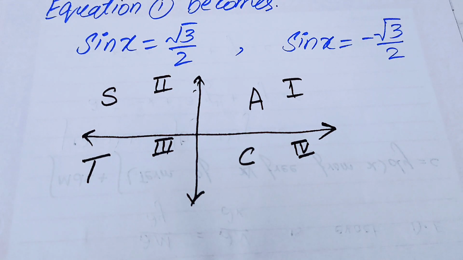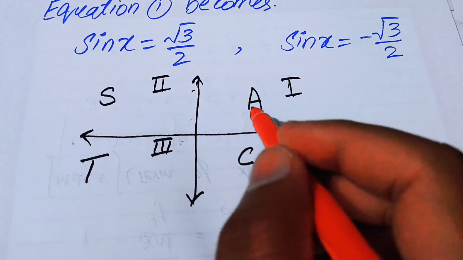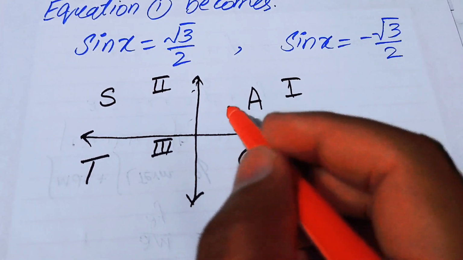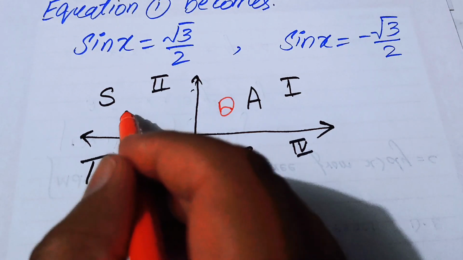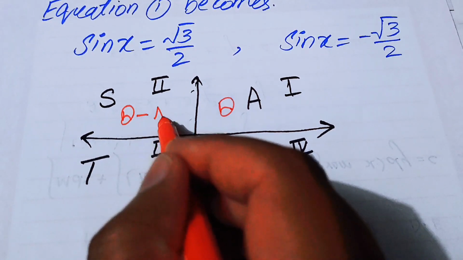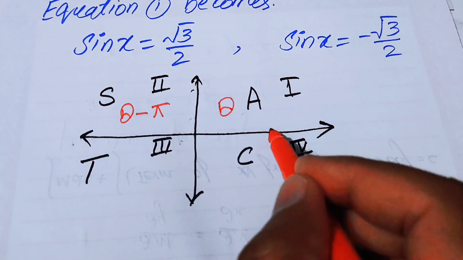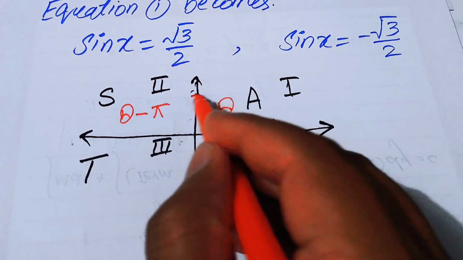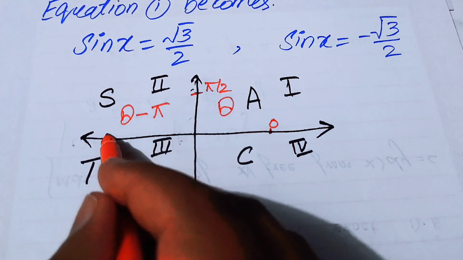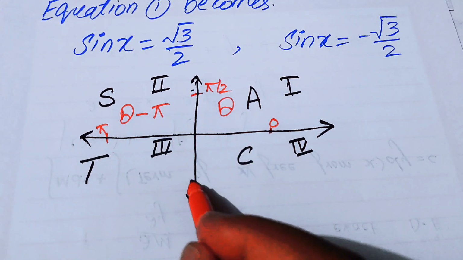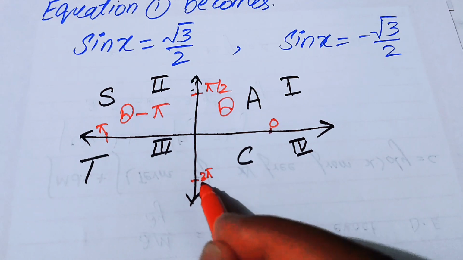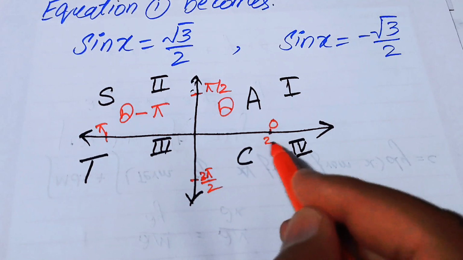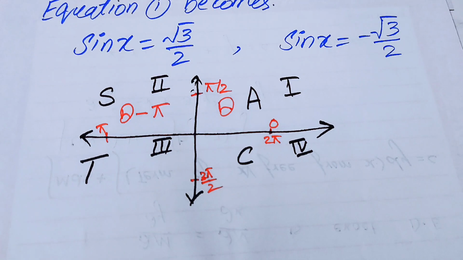Similarly, in the first quadrant the standard angle is theta. In the second quadrant the angle is pi minus theta, because here you have angle 0, here you have angle pi by 2, here you have angle pi, here you have angle 3 pi by 2, and here you have angle 2 pi in the first circle.